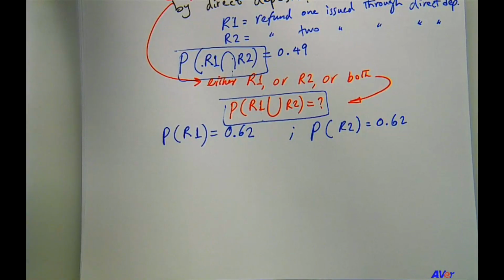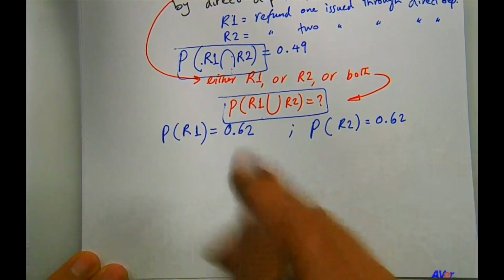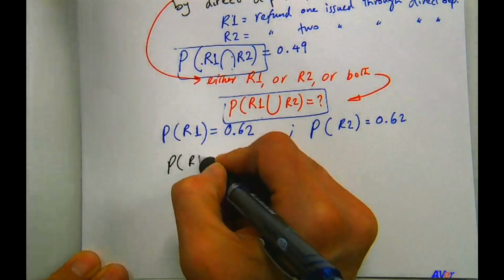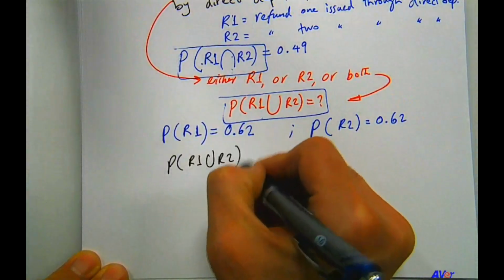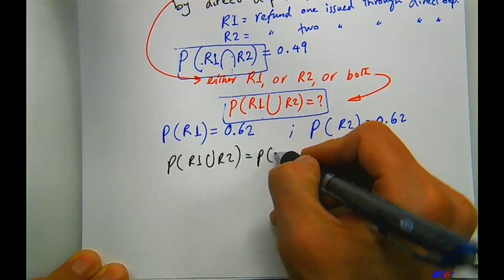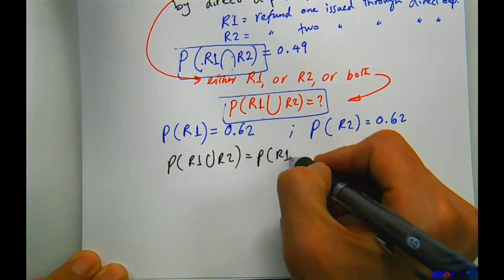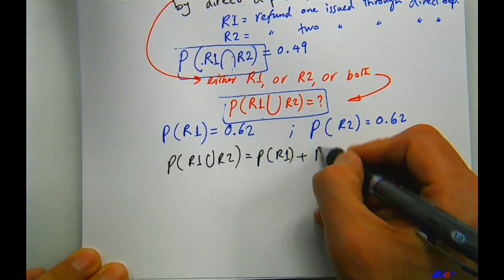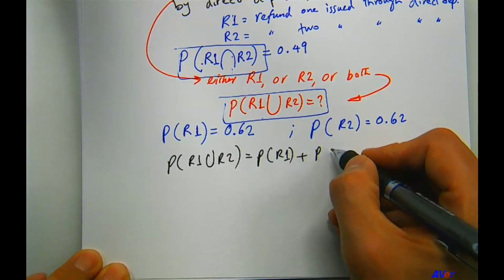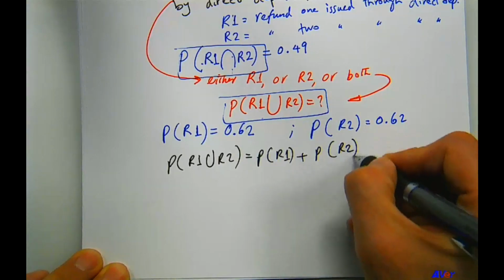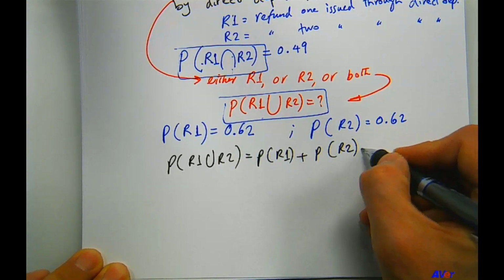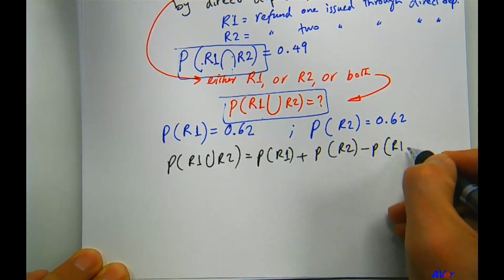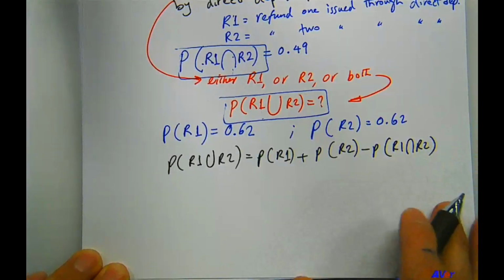So we know that the probability of refund 1 union refund 2, according to the additive rule or the addition law, is equal to the probability of refund 1 having been issued through direct deposit plus the probability of refund 2 minus the probability of refund 1 intersection refund 2, right?